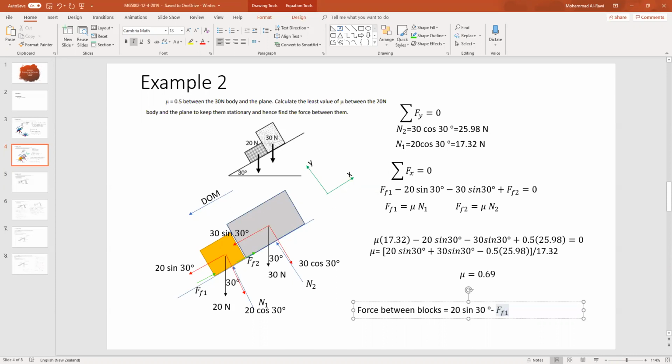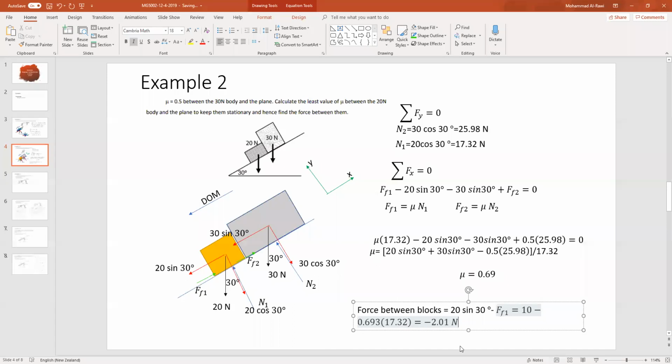So I'll write this equation and you tell me if it's correct. That will be 10 minus 0.693 times the value, which is 17.32. Is that correct? And that will equal minus 2.01 newtons. Is that correct?